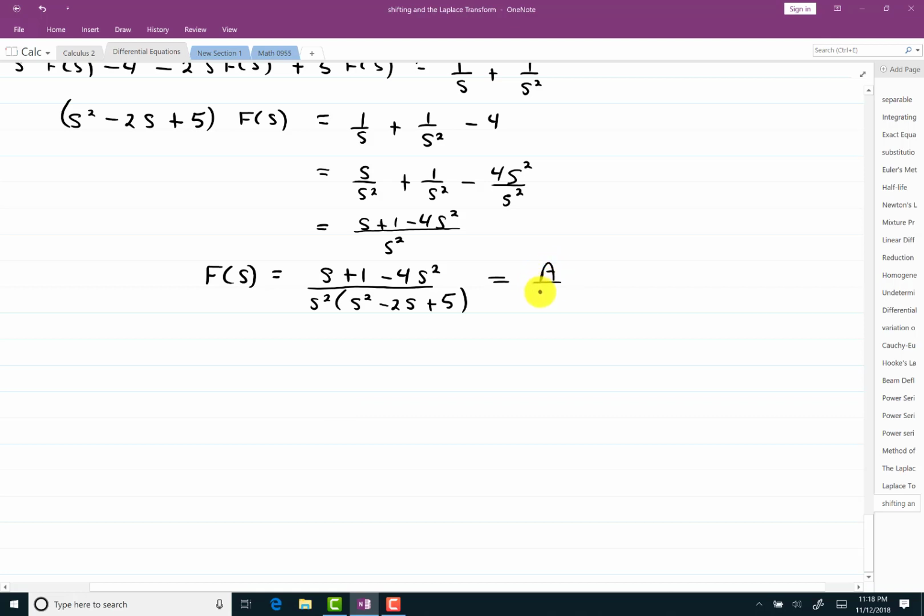I'll do A over s plus B over s squared. And then this piece right here is not able to be factored over the real numbers. In fact, if you were to try to find the zeros of this, they're imaginary. So this is what they call a non-factorable quadratic.